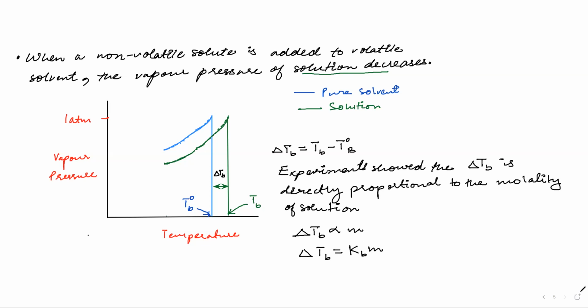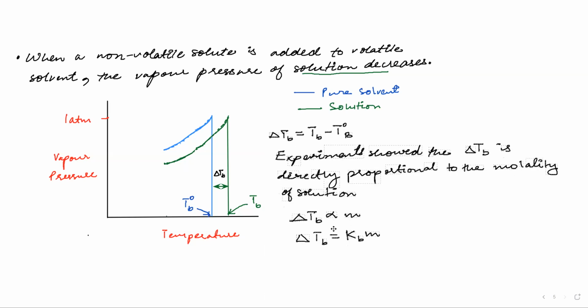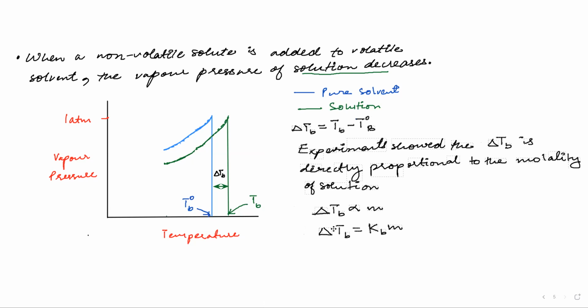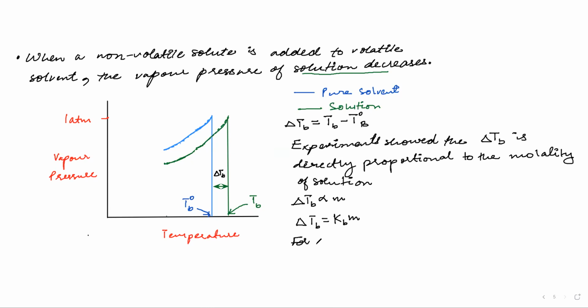Now we want to define this KB. Delta TB is equal to KB into m.